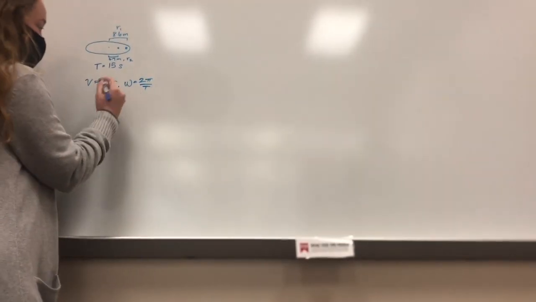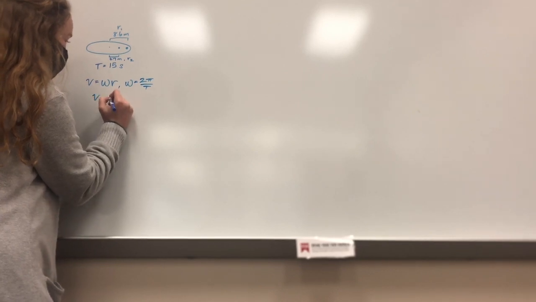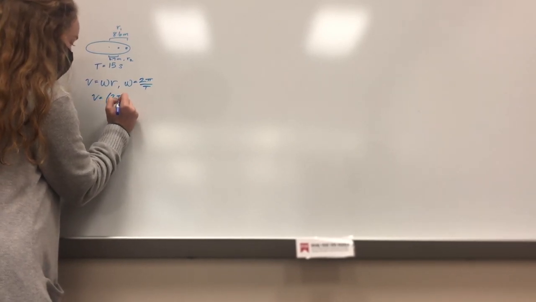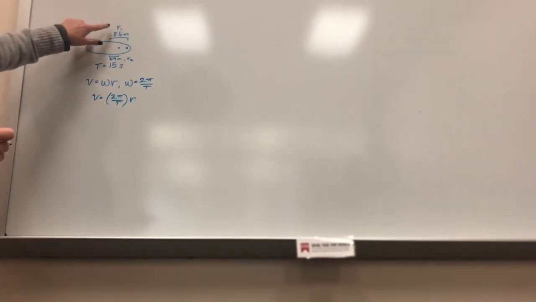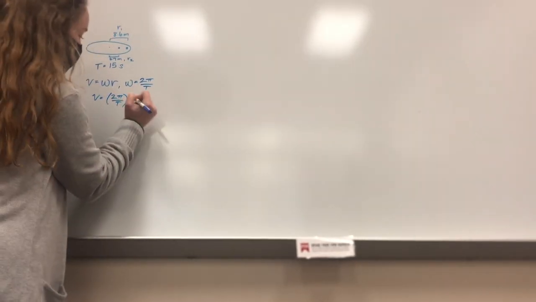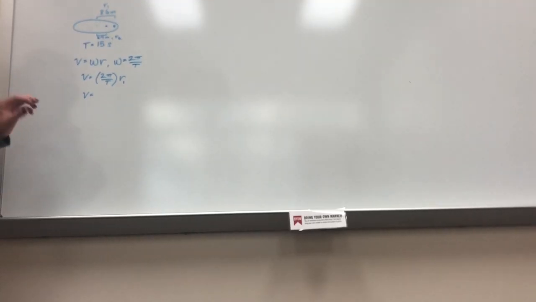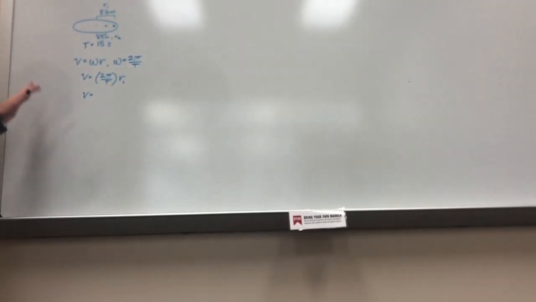So using these two definitions, I can say that the velocity is equal to 2 pi over T times the radius. And because we're talking about the first case scenario, I'm going to go ahead and add in radius 1. So at this point in the problem, we can go ahead and plug in the values that we already know and solve for the velocity.